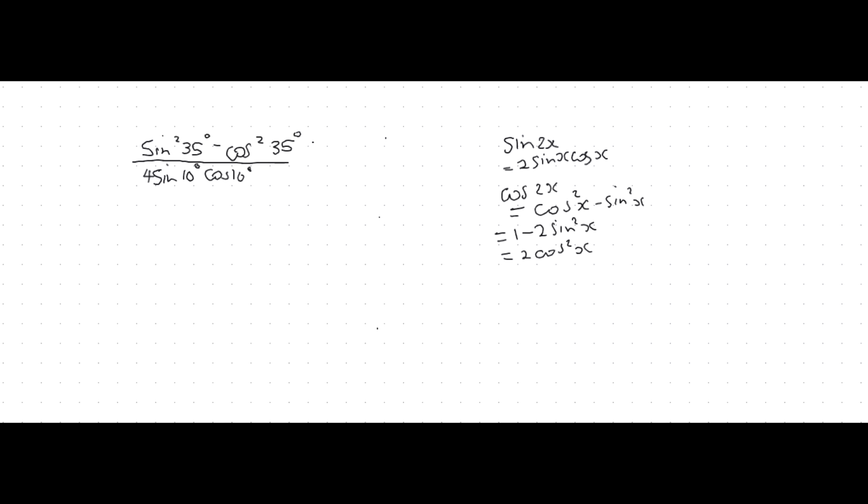These double angles work when your angles are the same. Bear that in mind. We have sine x here and cos x, so you have to look if you have the same angles. We do have the same angles for the numerator and the denominator. This one seems to look like the cos 2x, but here the sign is positive and the cos is negative.